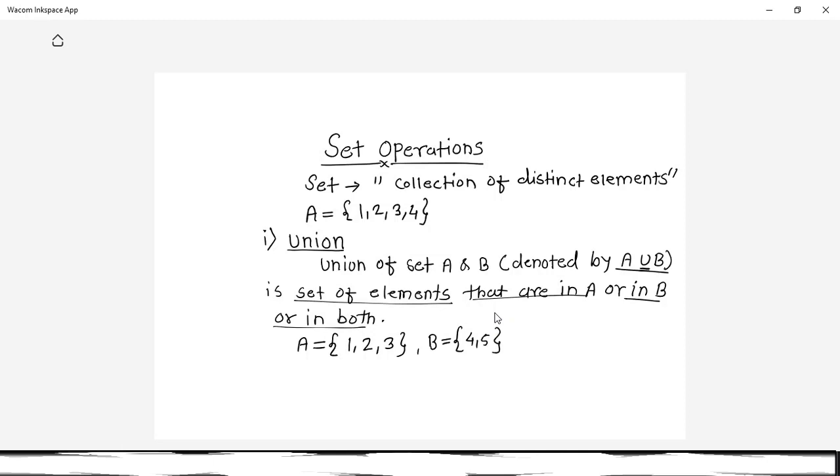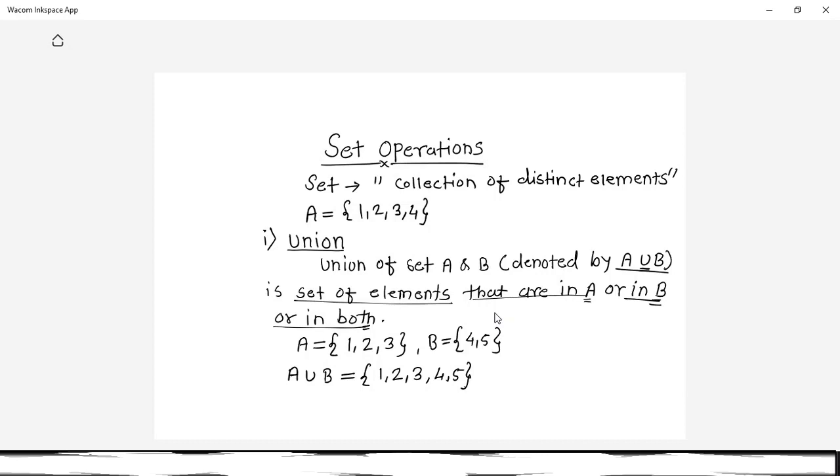According to the definition, the union of two sets is A union B, which contains elements that are in set A or in B or in both. That means I should include all the elements: set A elements 1, 2, 3 and set B elements 4, 5.